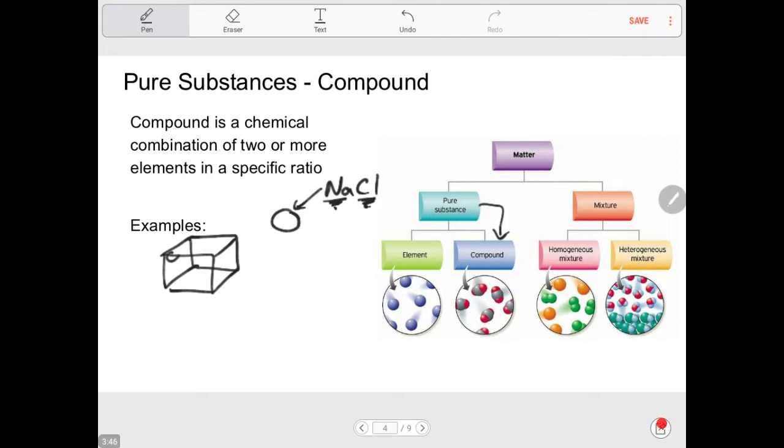That means every molecule inside of this little salt cube is NaCl, nothing else. But you see, it's a compound, everyone, because we've taken two or more atoms and put them together, and we know that every one of these molecules is the exact same thing, and that's why it's a pure substance, because everything is the same. The only difference is sometimes you have an element pure substance, or you can have a compound pure substance.